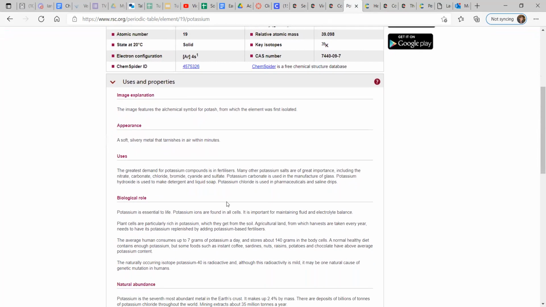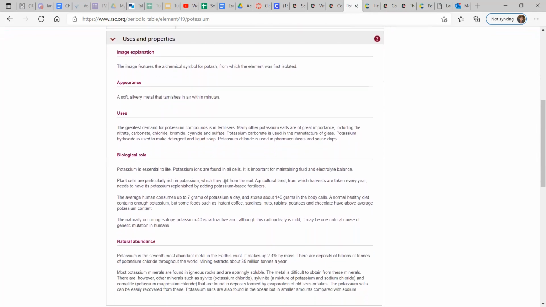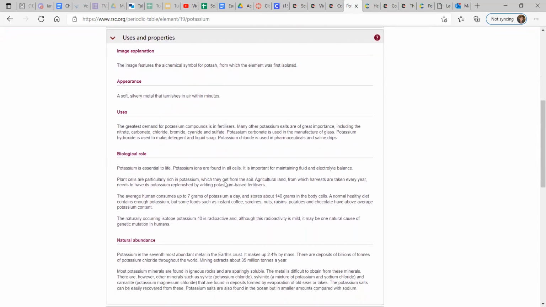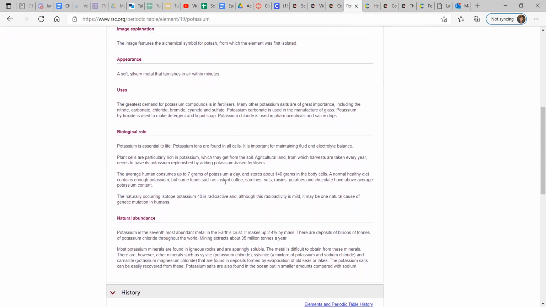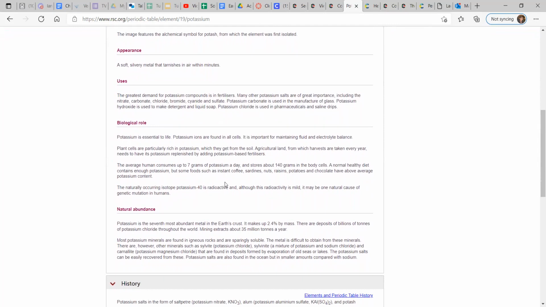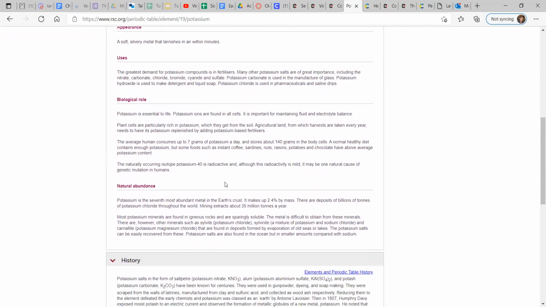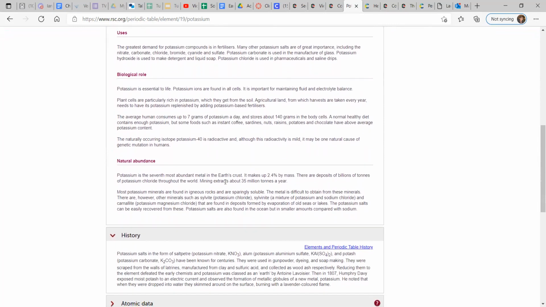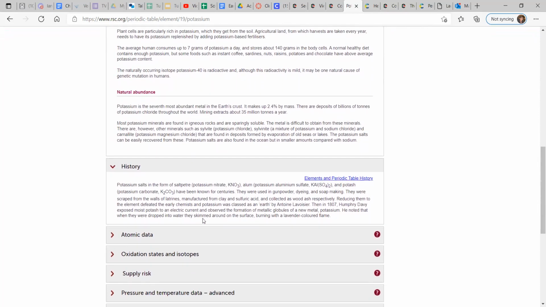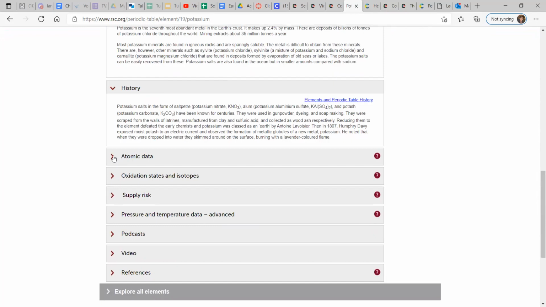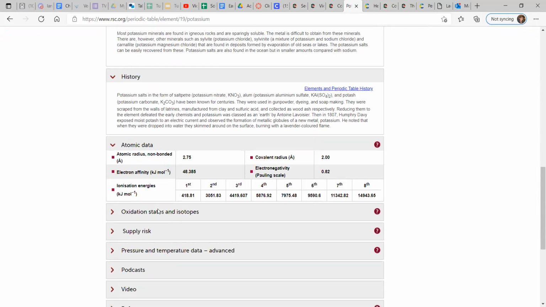And the greatest use of potassium compounds is fertilizer, of course. It's also used in detergent, liquid soap, natural abundance, atomic data.